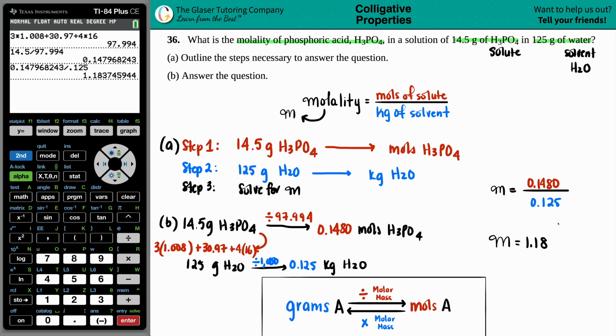And that is basically moles per kilogram, or you could just say this is the lowercase m. So maybe that's good enough, right? Let's color it in, and that is your molality, 1.18.